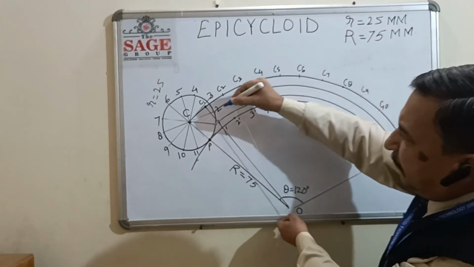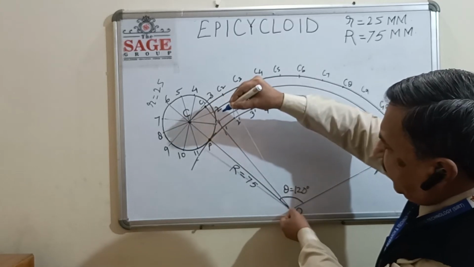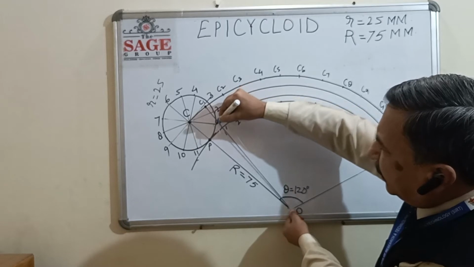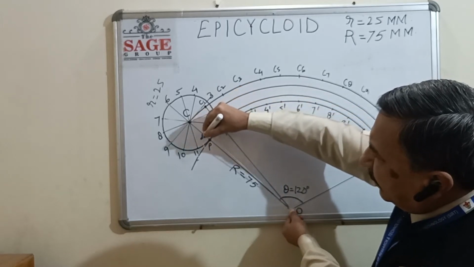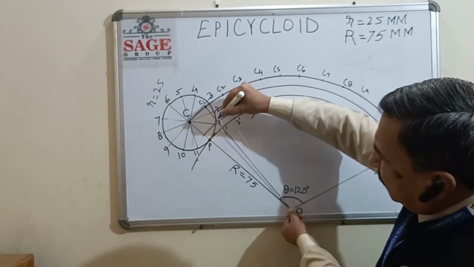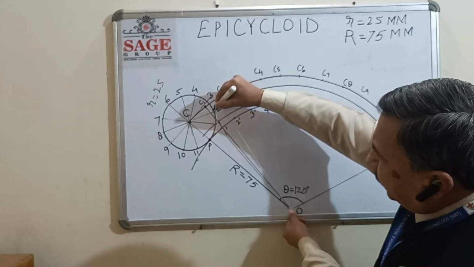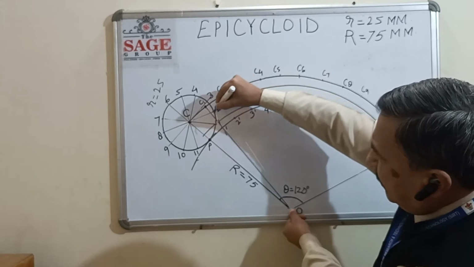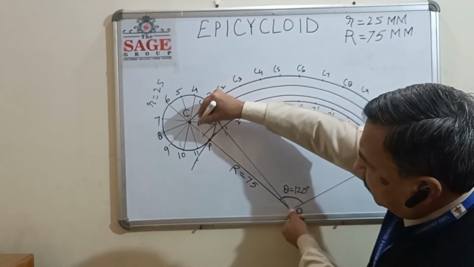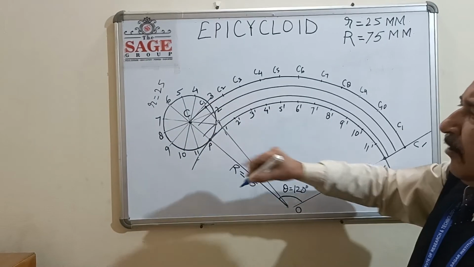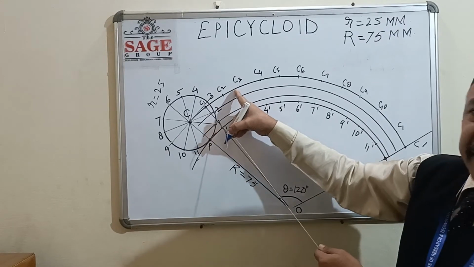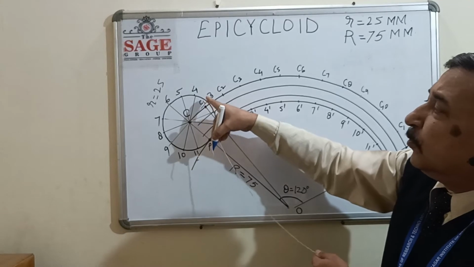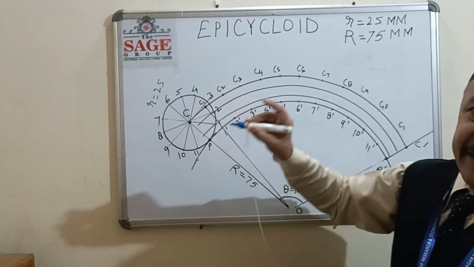Now see, we get points on this side also, so we have to draw this path on this side also. Okay. Now see, this is the curved path through C, and there is a different path through 3 and 9.